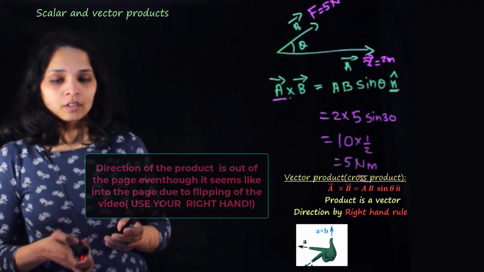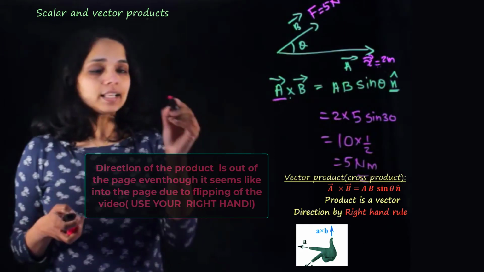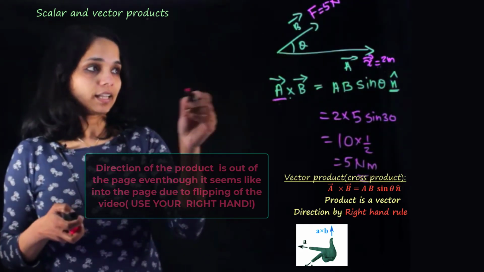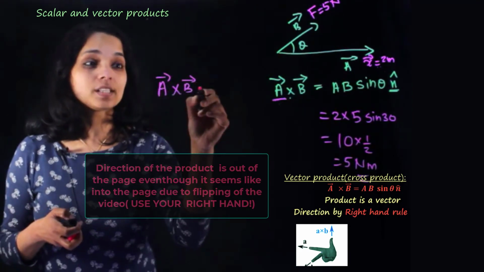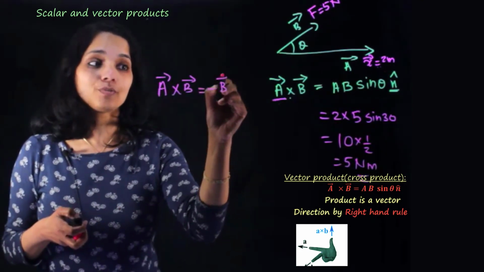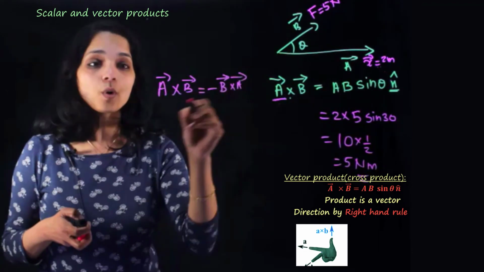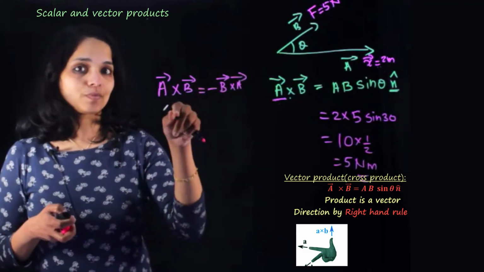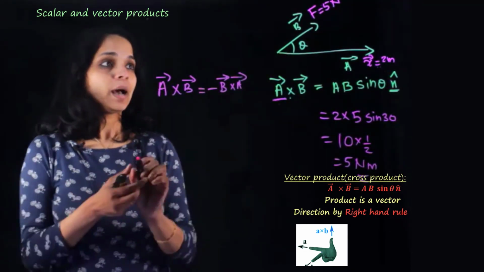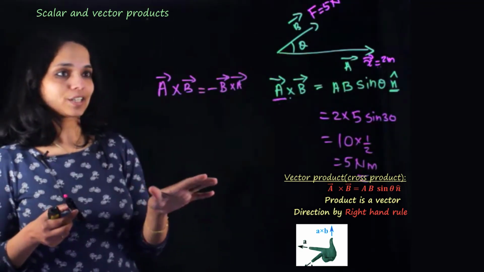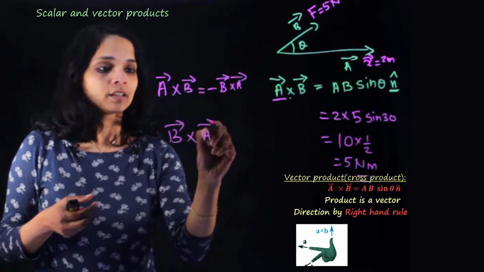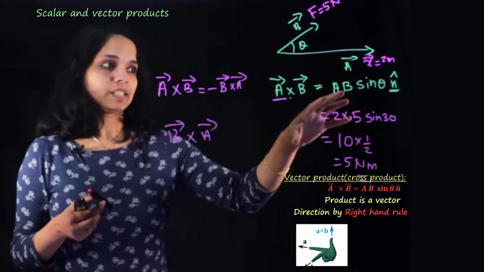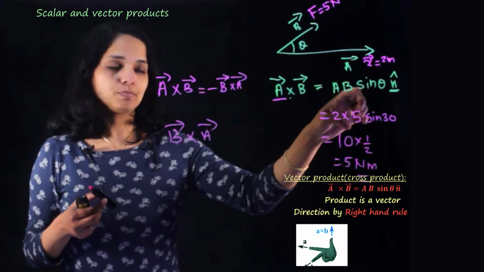Another thing about vector A cross B is that A cross B is equal to negative of B cross A. So the order matters, so the direction will be opposite. For example, if I'm finding B cross A, the magnitude will be the same because it's A times B times sine theta.